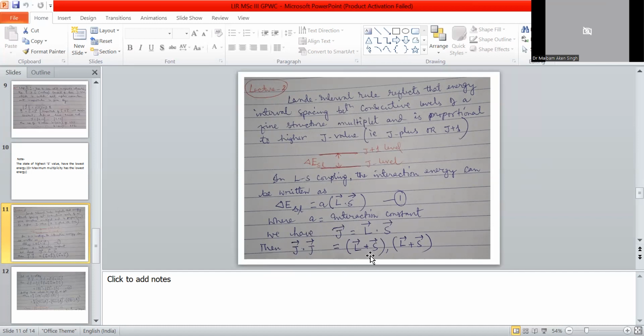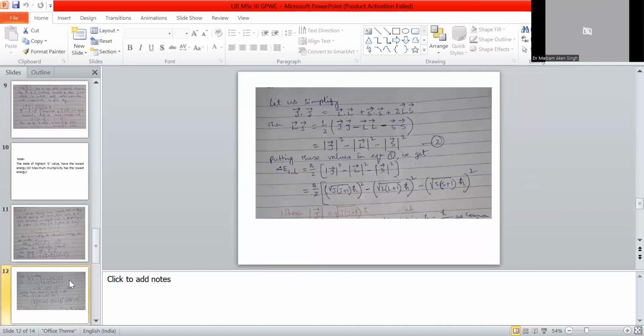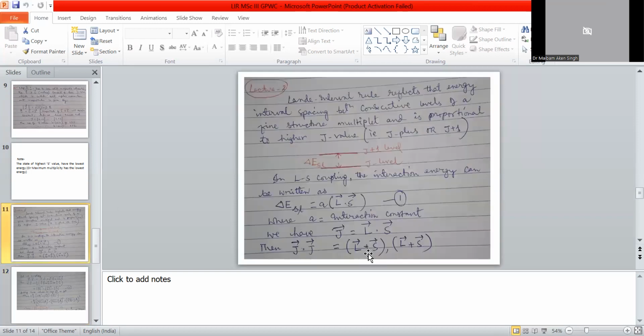Then J dot J, we have this value. After multiplying and simplifying, we have this thing, from the above part, which is L dot L, L dot S, and S dot L. LS and SL are the same, and S dot S.